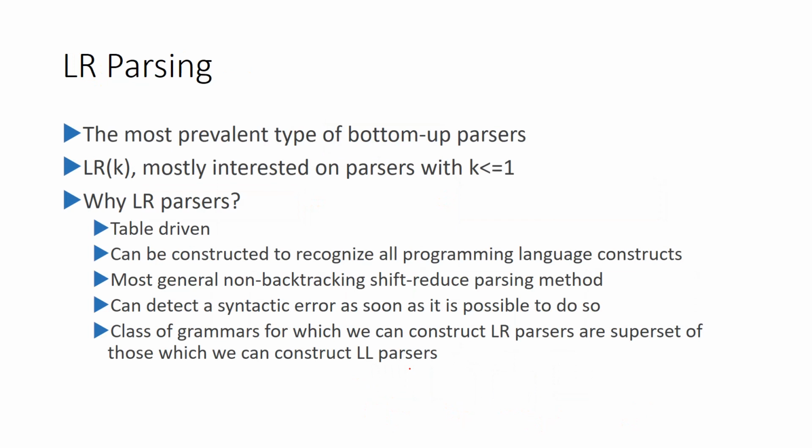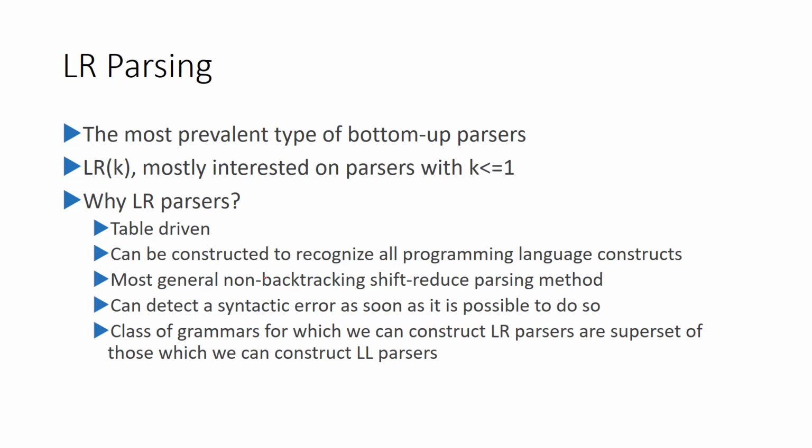So we'll see what is this LR parsing. It is the most prevalent type of bottom-up parser, and for LR(K) we are mostly interested in parsers with K less than or equal to 1. The advantages of this LR parser are that it is table driven and can be constructed to recognize all programming language constructs.